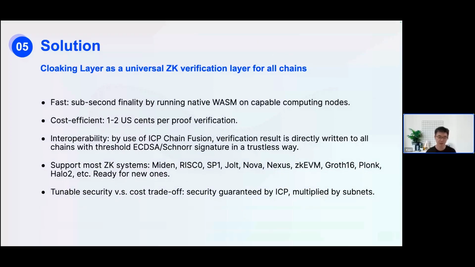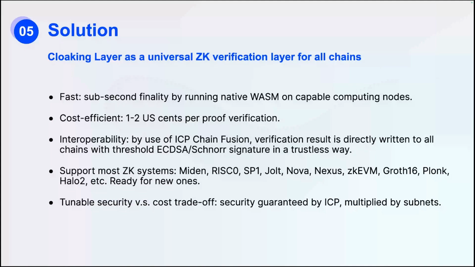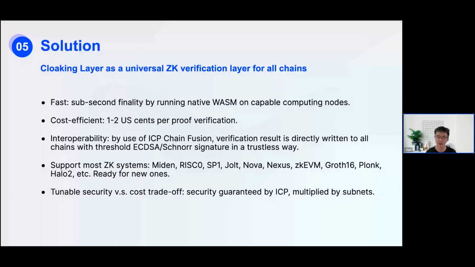And currently we are working on multiple zk systems. We know that there are quite a lot of zk virtual machines and different proving systems in the space. We have Polygon Miden, we have RISC-0, SP1, all of which are already working in Cloaking Layer, by the way. We have Jolt, Nova.